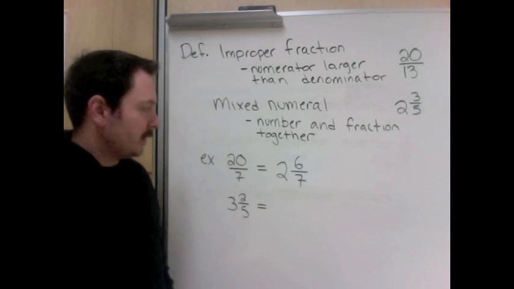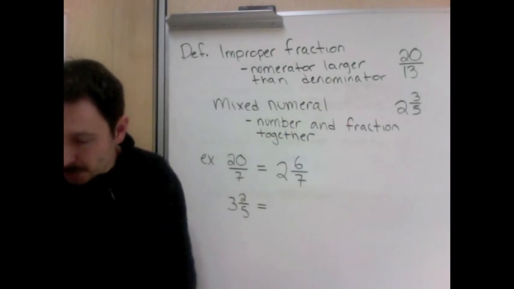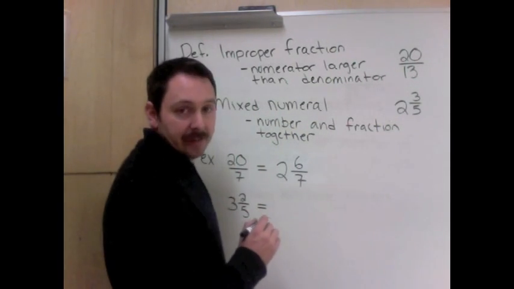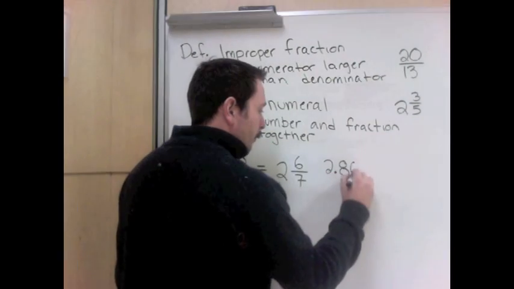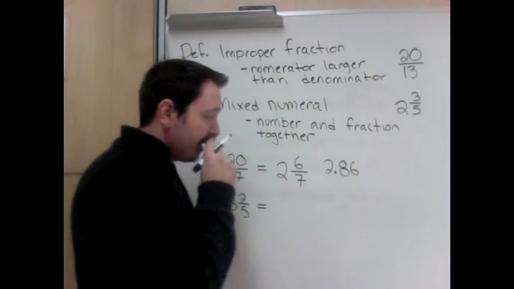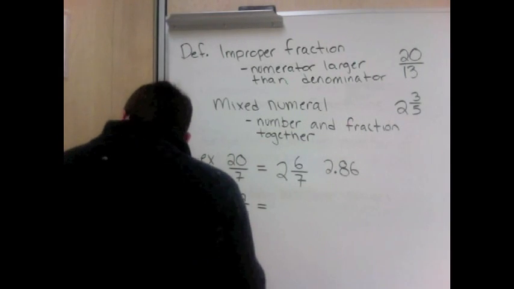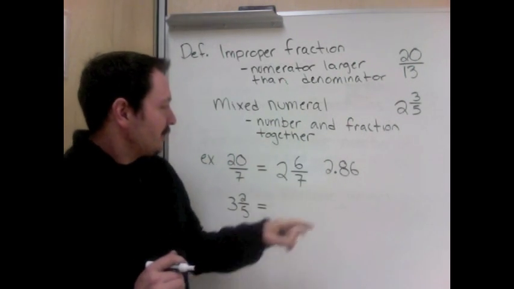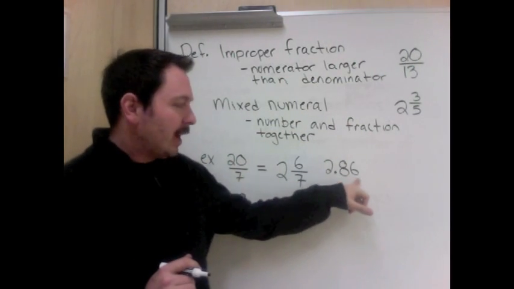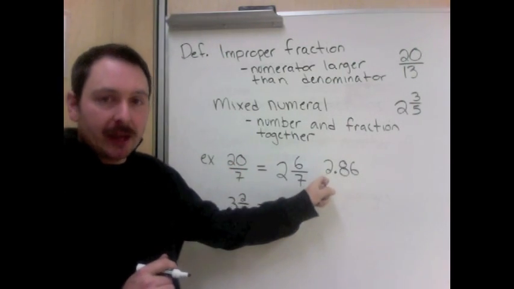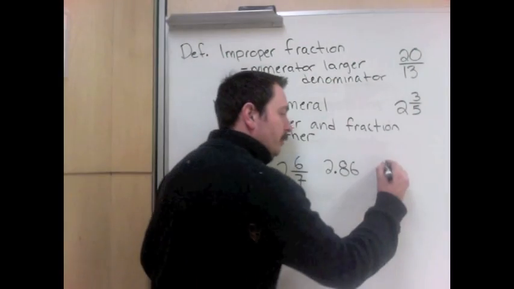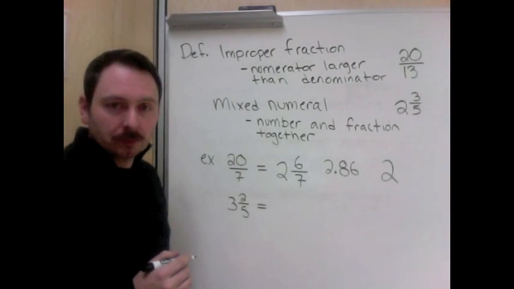If you struggle a little bit with the numbers here, you could find 20 divided by 7, which is 2.86, rounded. When I divide 20 by 7 and I find 2, well, okay, I know I have 2 of them, so my mixed number starts with a 2.